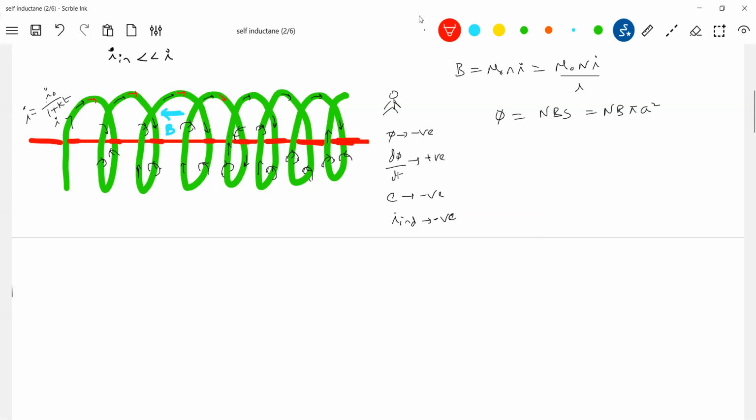I think the previous condition and this condition are totally different. So the induced current, the red color arrow, will flow in the direction that supports the actual current.